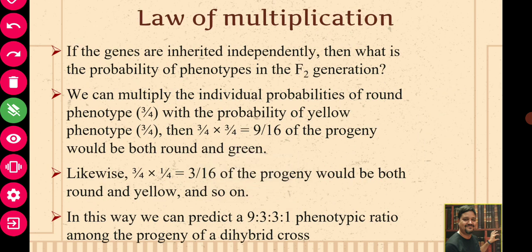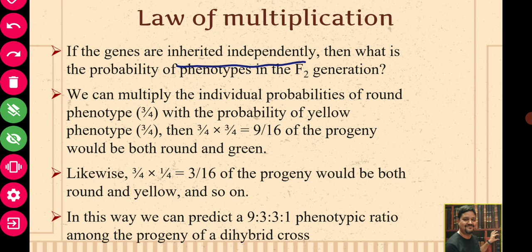Now what is the law of multiplication? I had already discussed the law of multiplication with you in unit 1, or you can also say it is the product law. If genes are inherited independently, then what is the probability of phenotypes in the F2 generation? What will be the phenotype in the F2 generation if the genes are inherited independently?